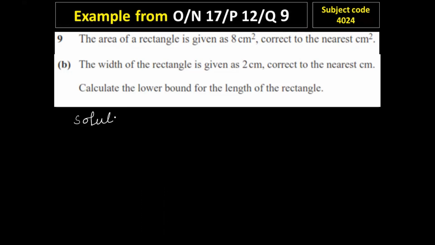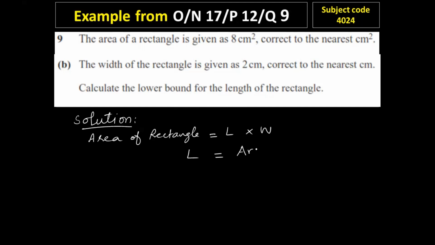First, I'm going to write the formula for the area of a rectangle. Area of rectangle is length multiplied by width. We have to find the length here, so make length the subject: length equals area over width.